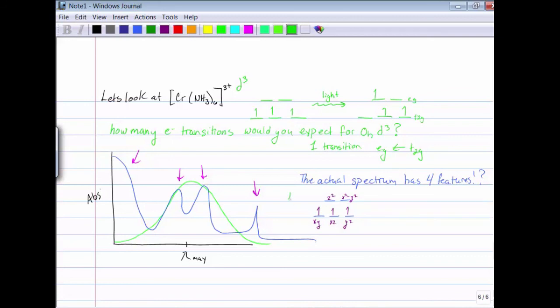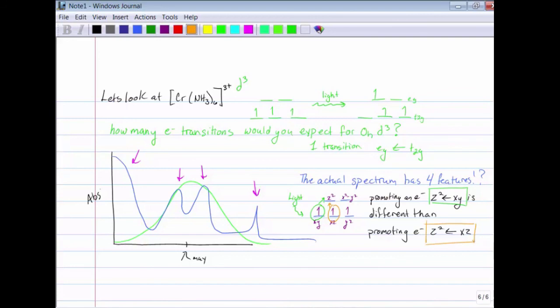So if I shine light on this molecule, I could promote this xy electron up to z squared or x squared minus y squared. I could promote this electron up there. And it turns out that what I just drew is actually 2 different things. Promoting an electron from the xy to z squared is actually different than promoting it from xz to z squared. So this is what I drew in green. And this is what I drew in orange.